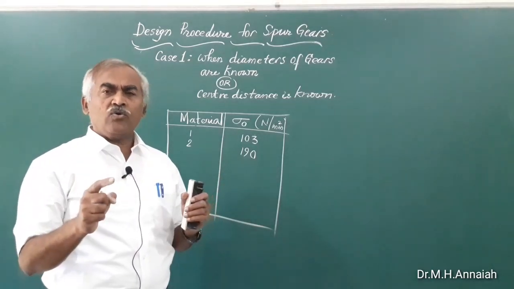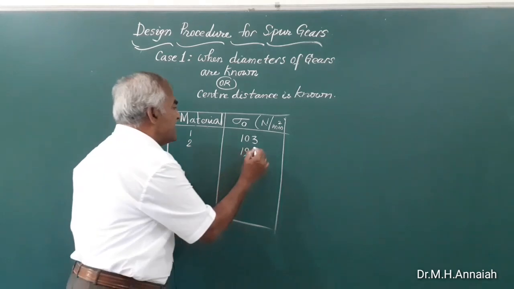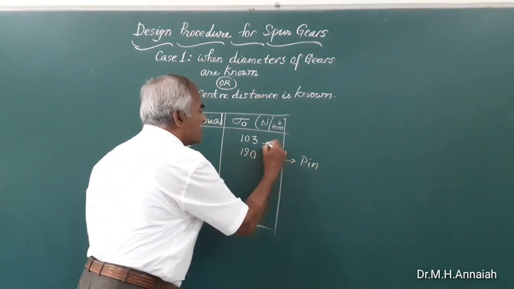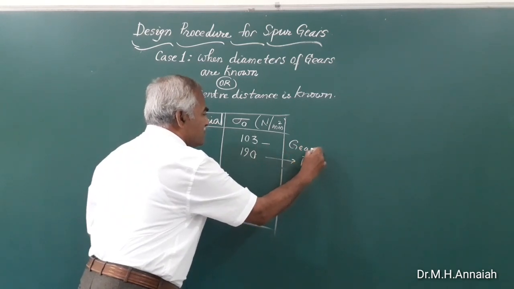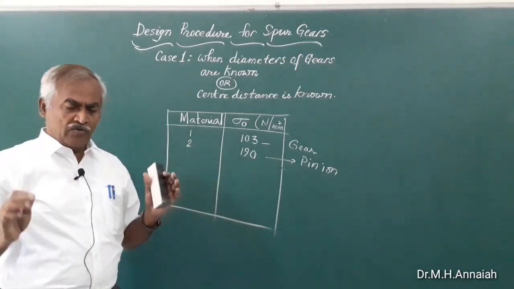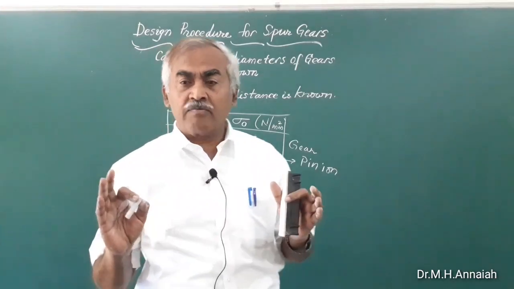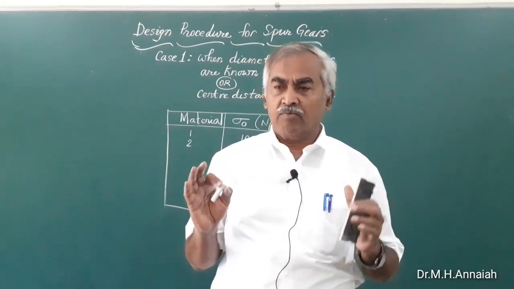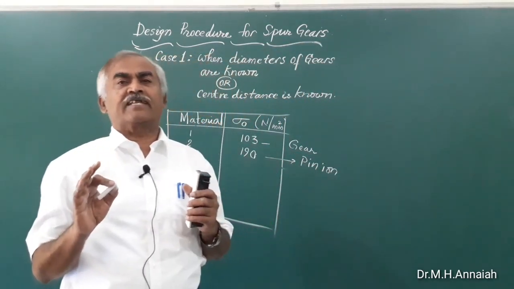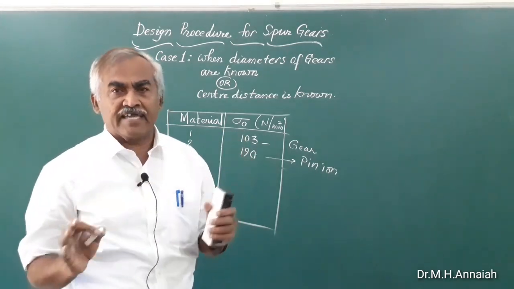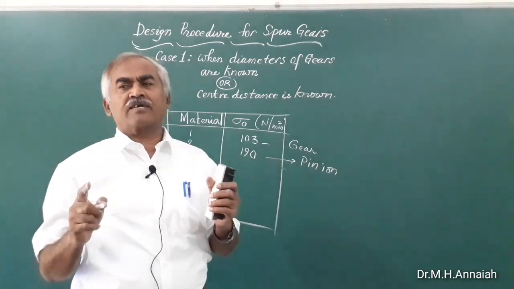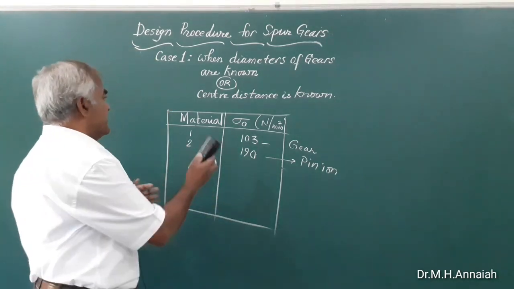Now, as a designer, you have to select this material for the pinion and this for the gear. So, whenever the material is selected from the chart or from the table, we should always select a stronger material for the pinion compared to that of the gear. This is a very important step, and that is the first step, that is selection of material.